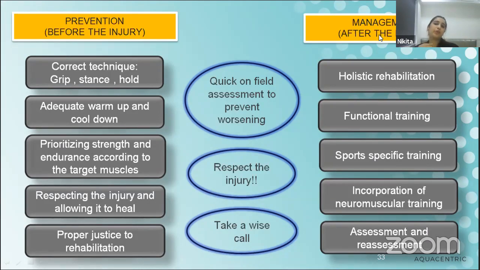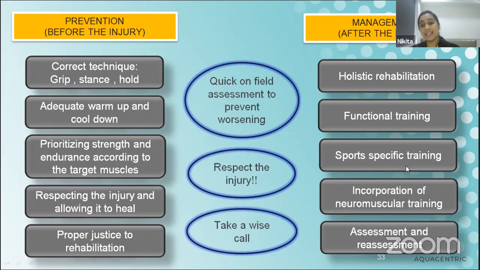Management is something that I'm going to do after the injury has happened. Holistic rehabilitation will come, we'll see what it is in the coming slides. Functional training: whatever rehabilitation I'm doing has to ultimately translate into the function that the person is supposed to do. So your functional recovery and functional training should be your goal setting right from day one.